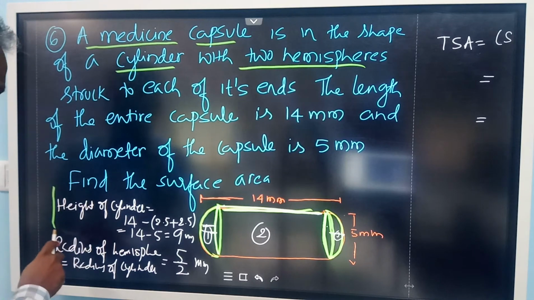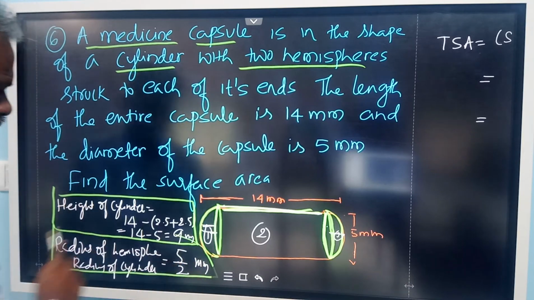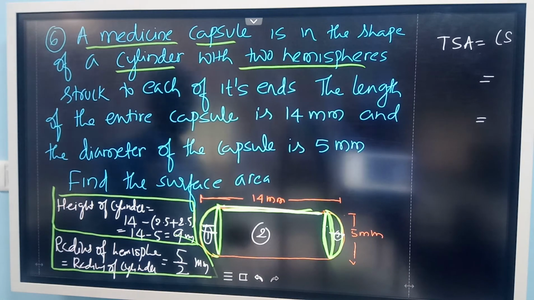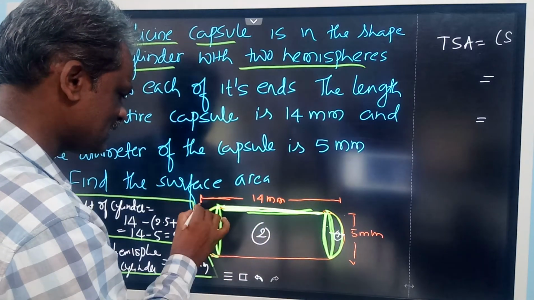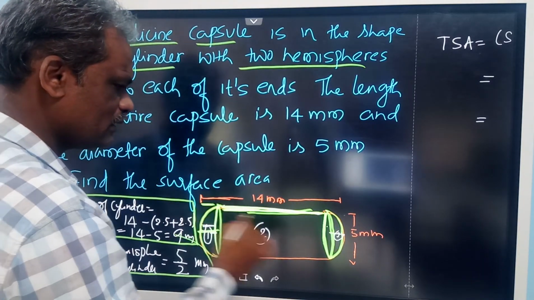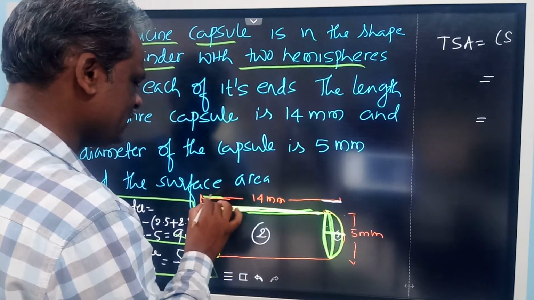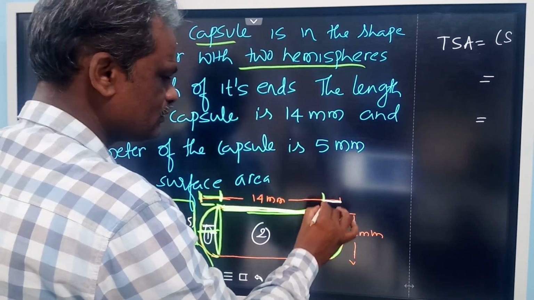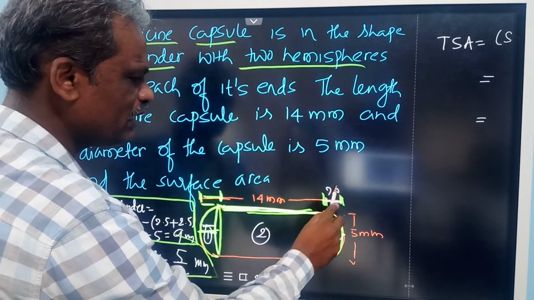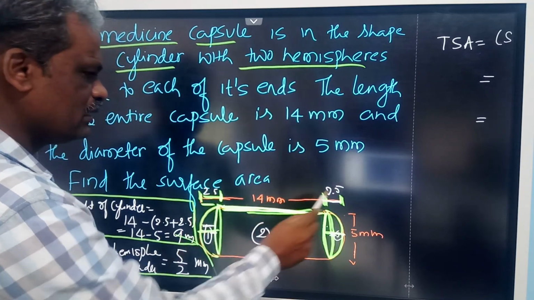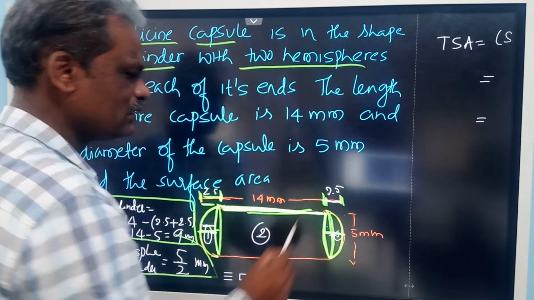So the height is 9 millimeter and the radius is 5 by 2, that is 2.5. We subtract the radius on either side because those portions are the hemispheres. Subtracting 2.5 on both ends from the total length gives the length of the cylinder.